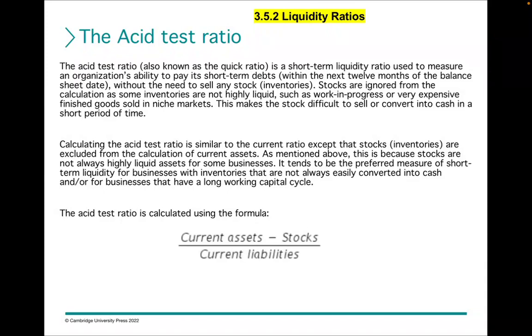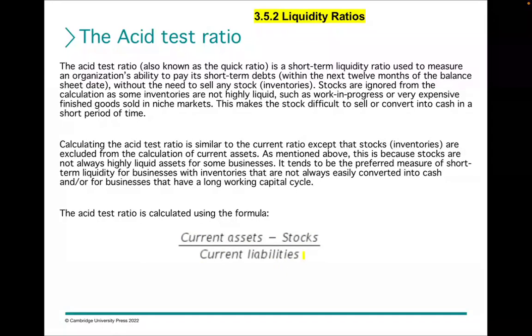You can't guarantee that anything's going to be sold in the future. So the current assets here are made up of only, if you remember, the cash that you actually have and debtors, people who owe you money, minus the stocks, and then that is over current liabilities.